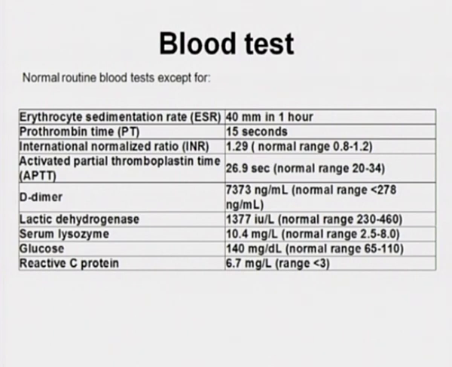Normal routine blood tests were normal except for increased erythrocyte sedimentation rate and prothrombin time. INR was slightly increased, very slightly. The PTT was normal; increased D-dimer, increased lactate dehydrogenase, increased serum lysozyme, increased glucose, and increased C-reactive protein.